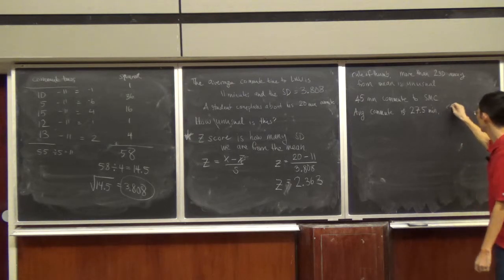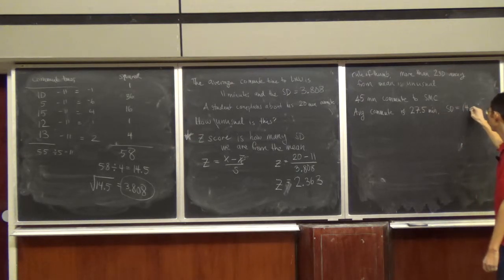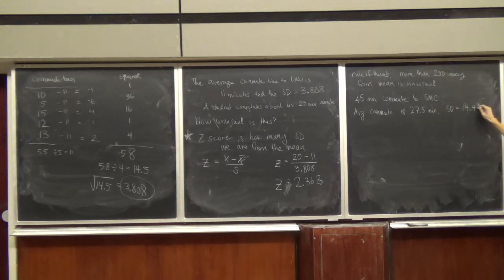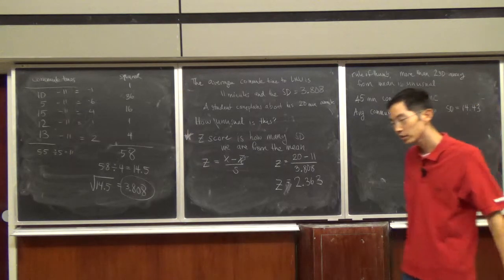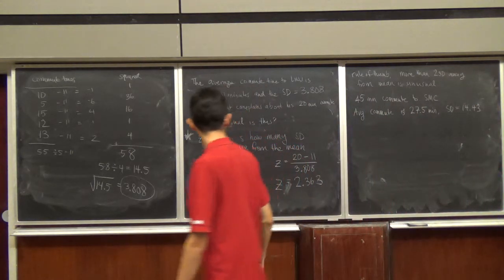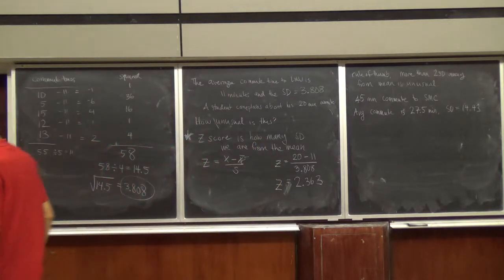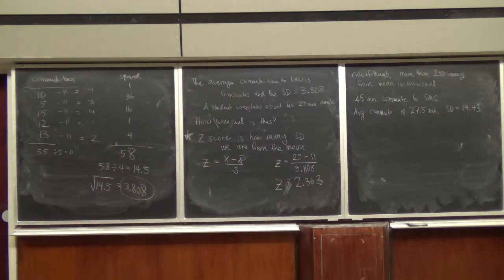And the standard deviation is 14.43 minutes. Find the z-score of this person's commute. This person has a 45-minute commute. What is this person's z-score?